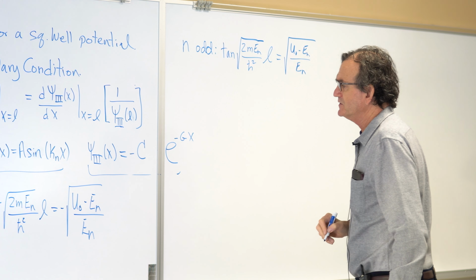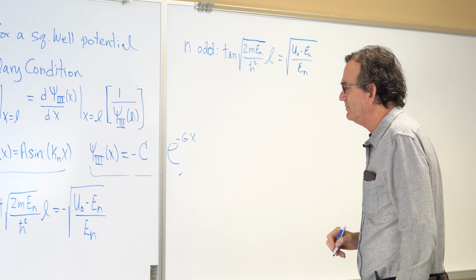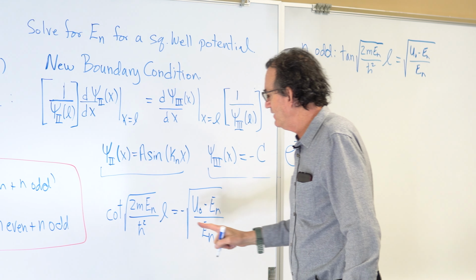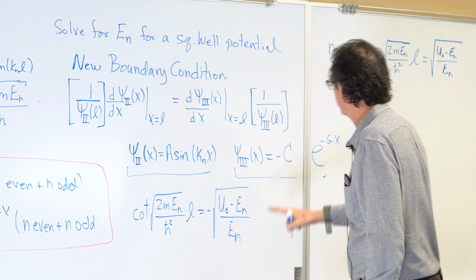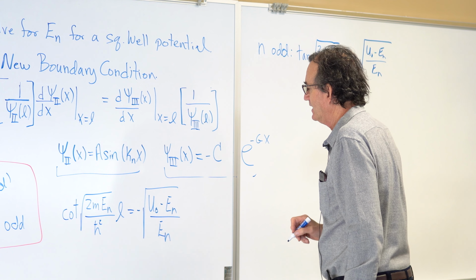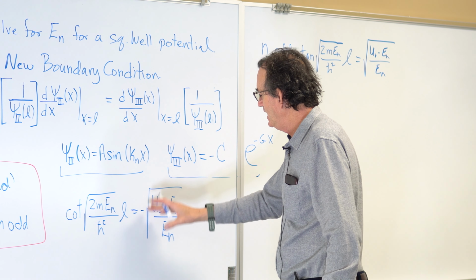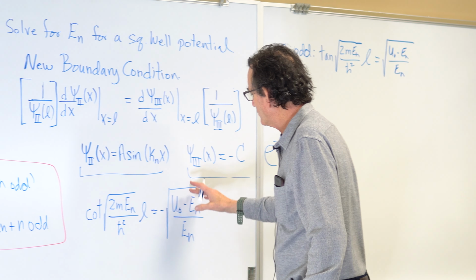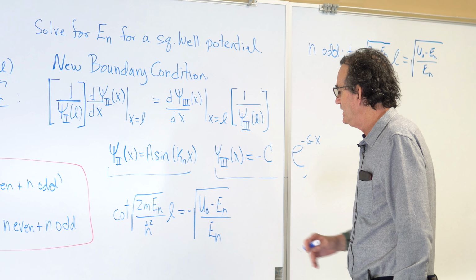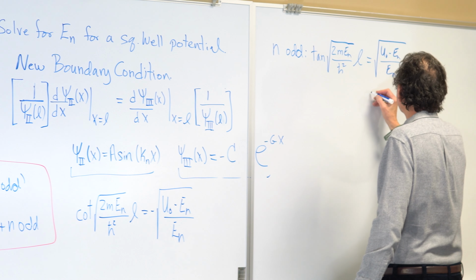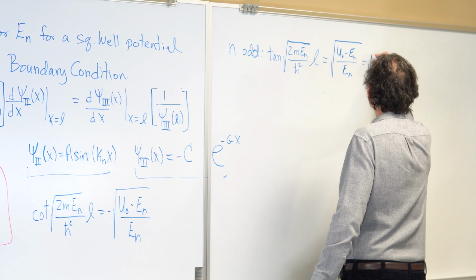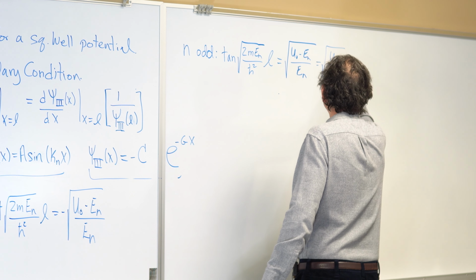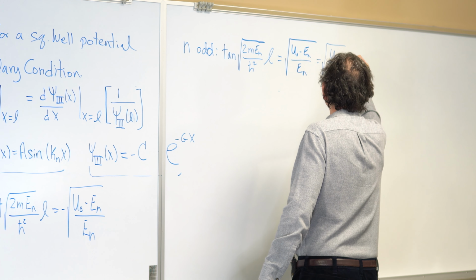So this is as far as we can take it analytically, but here's the point. We have a function that's either a cotangent function or a tangent function on the left, and on the right side, I have a sort of a 1 over e sub n behavior, right? So I can abbreviate this and call this the square root of u0 divided by en minus 1.